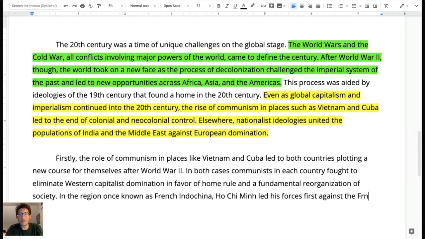All right, so where I'm at right now is I'm in this essay, writing about the use of communism as Ho Chi Minh sought to challenge the authority of France. That's the first thing, and really focusing on how communism led to anti-imperialist ways of thought. So Ho Chi Minh led his forces against the French, hoping to break free of French control.